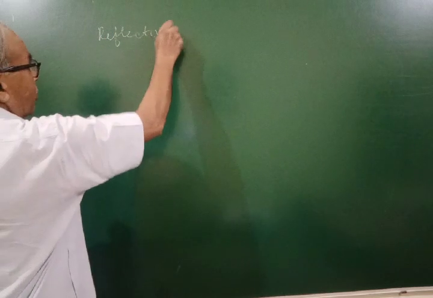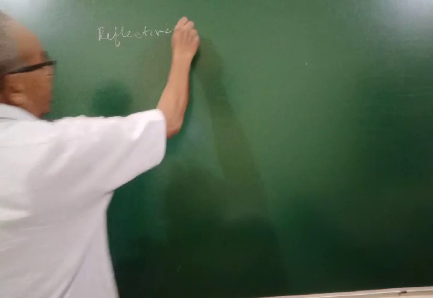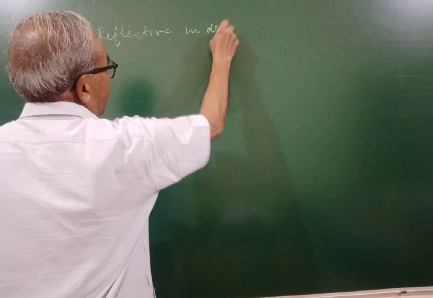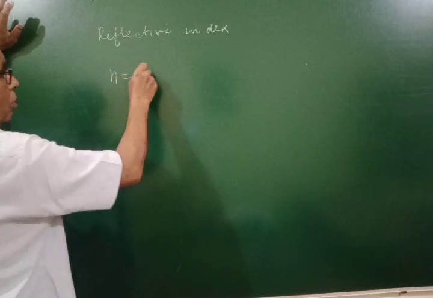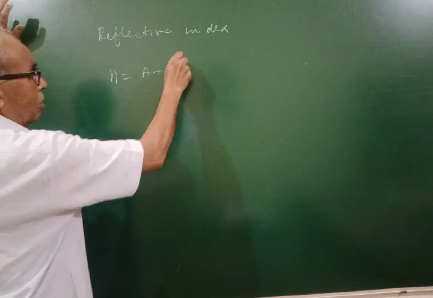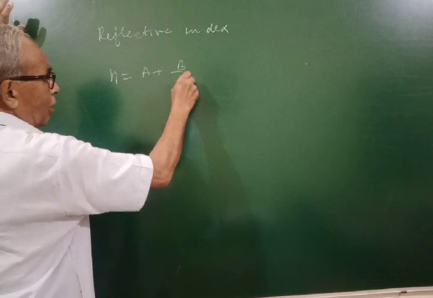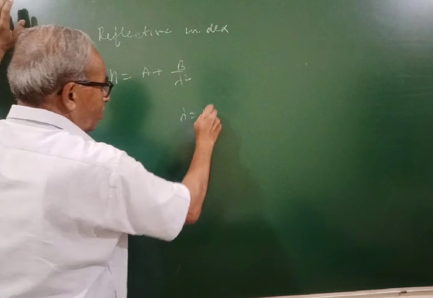There is a term, refractive index. Refractive index of a transparent material, and some people write mu is A plus B upon lambda square, where lambda is the wavelength of light.